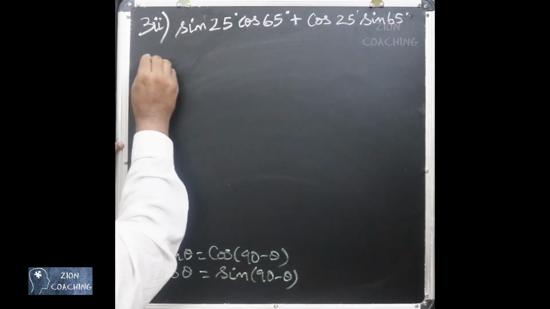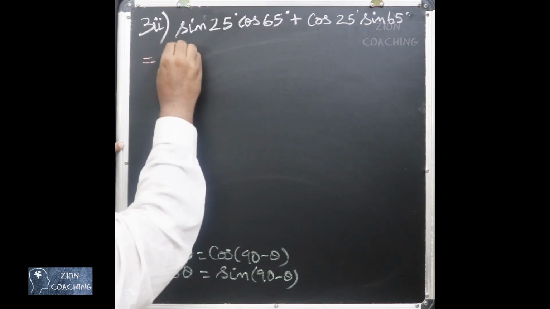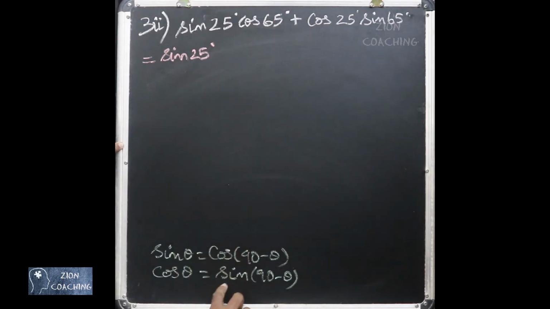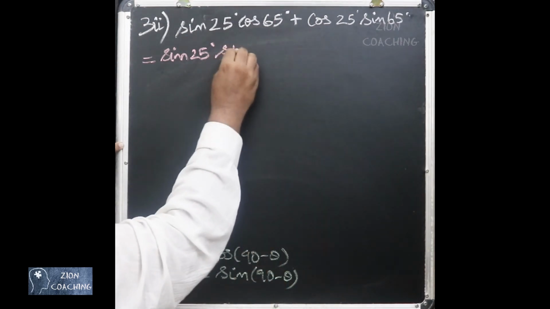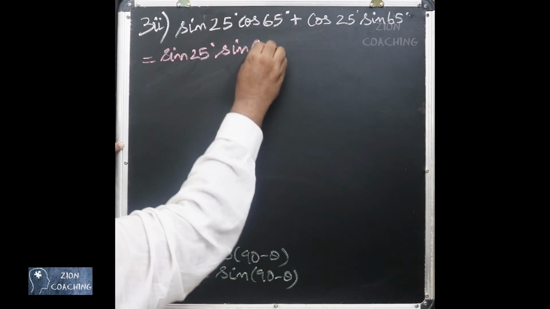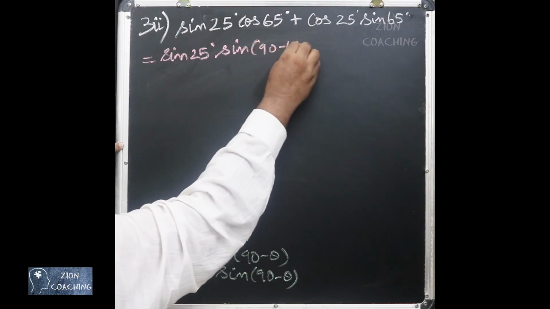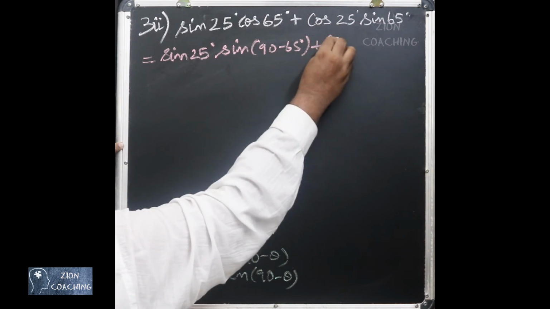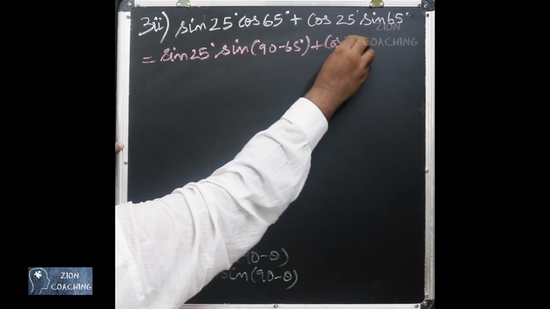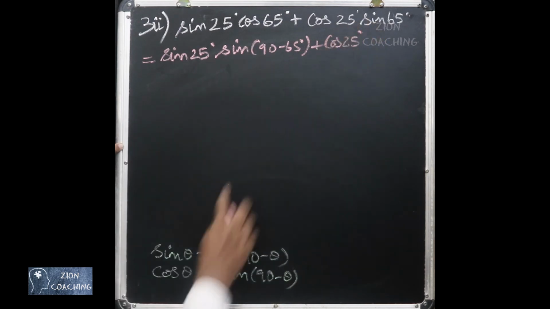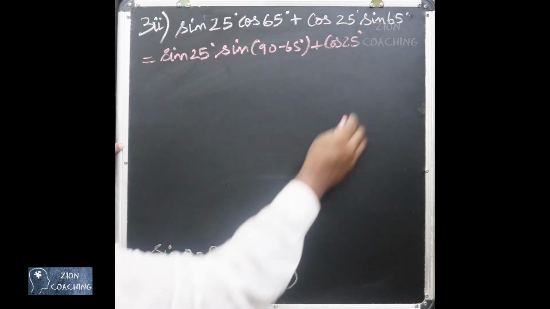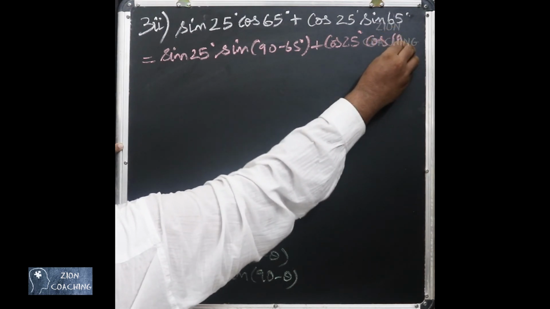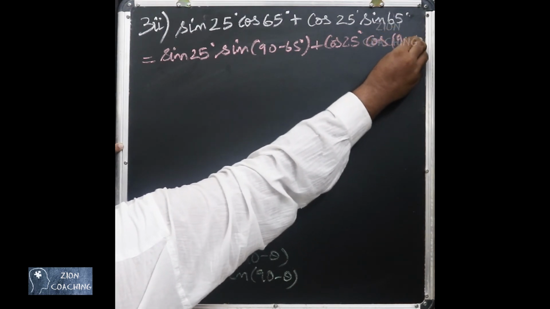So we have sin 25 degree. Cos theta can be written as sin 90 minus theta. So we are going to write it as sin 90 minus 65 degree plus we have cos 25 degree. Sin theta can be written as cos 90 minus theta. So I am going to write this as cos 90 minus 65 degree.